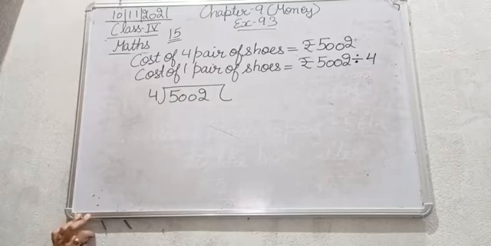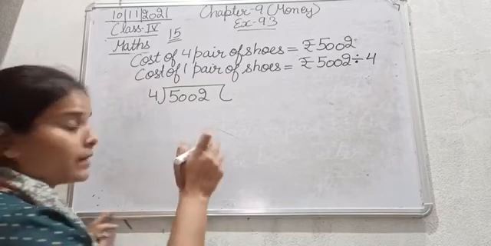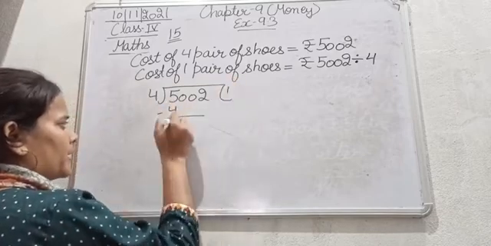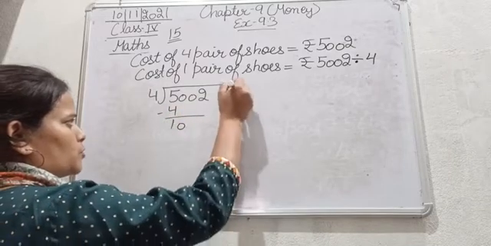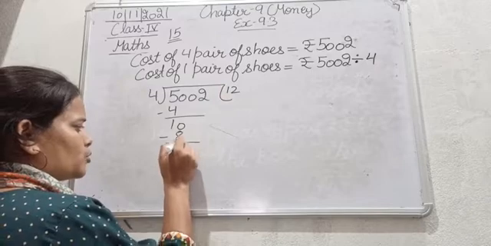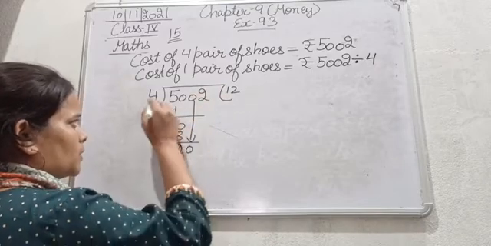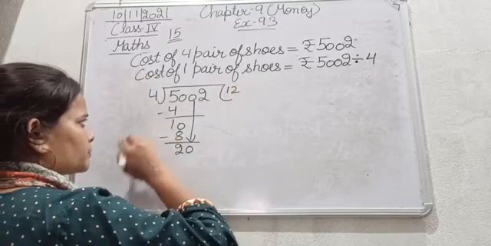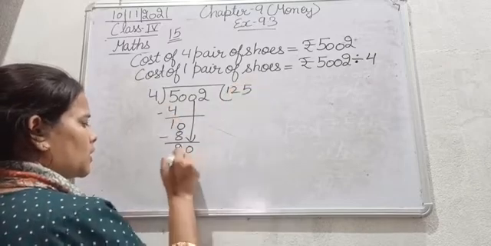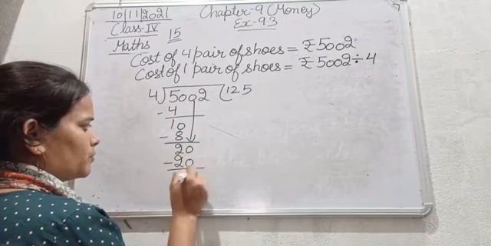Okay, I think this question is a little bit different. I remember last time we have done 4 ones are 4, minus 1, 0. 4 twos are 8, 10 minus 8, 2. Bring down the next 0, 4 fives are 20, 0.